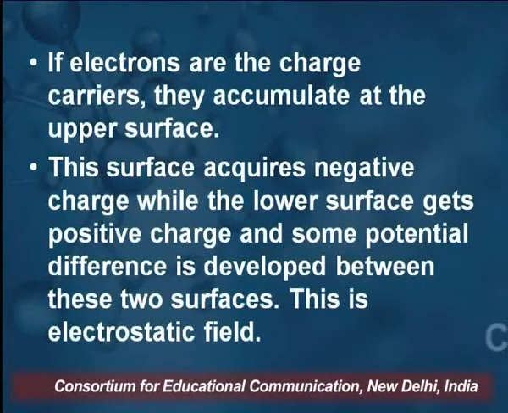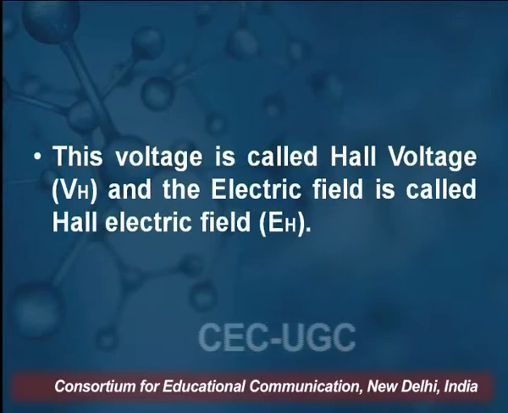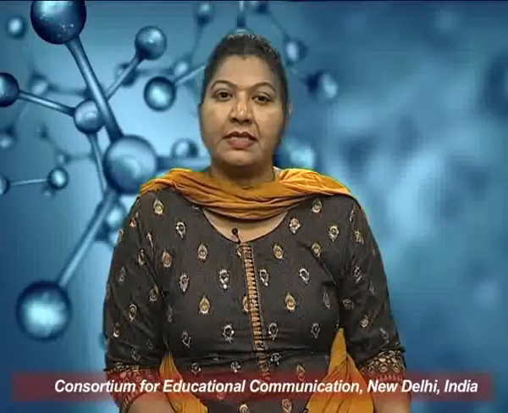Some potential difference develops between these two surfaces, and this is the electrostatic field, and that is the Hall voltage. The electric field is called the Hall electric field, represented by EH, and the Hall voltage is represented by VH.